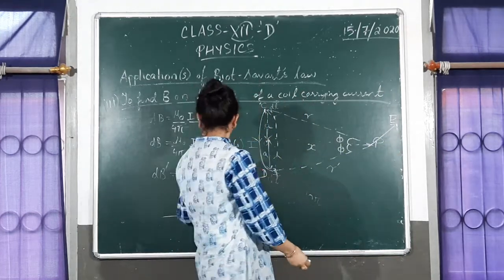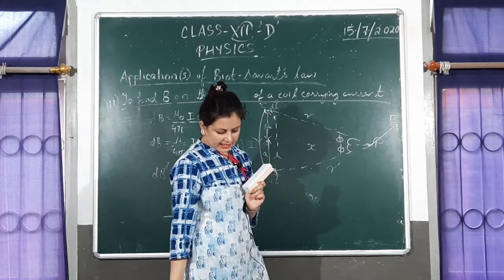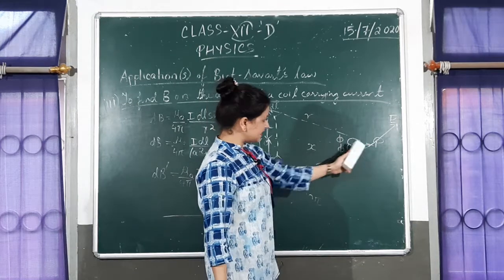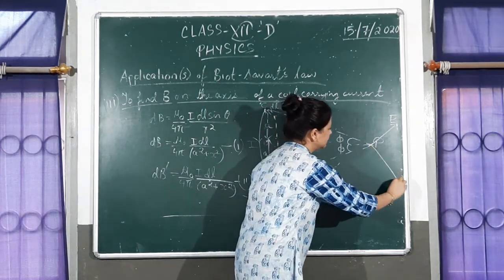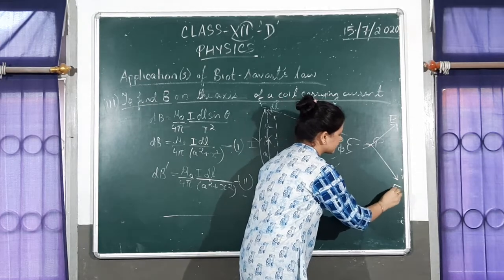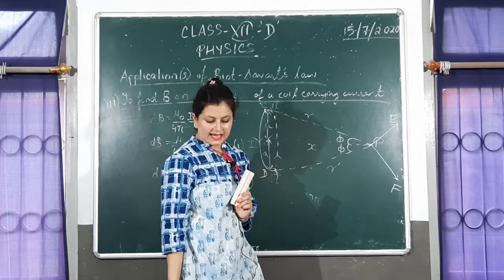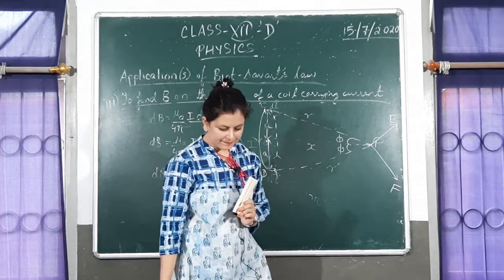And dB dash is directed perpendicular to DP. Say the direction is somewhere here, and I'll name it as F. So dB is directed along PE and dB dash is directed along PF.